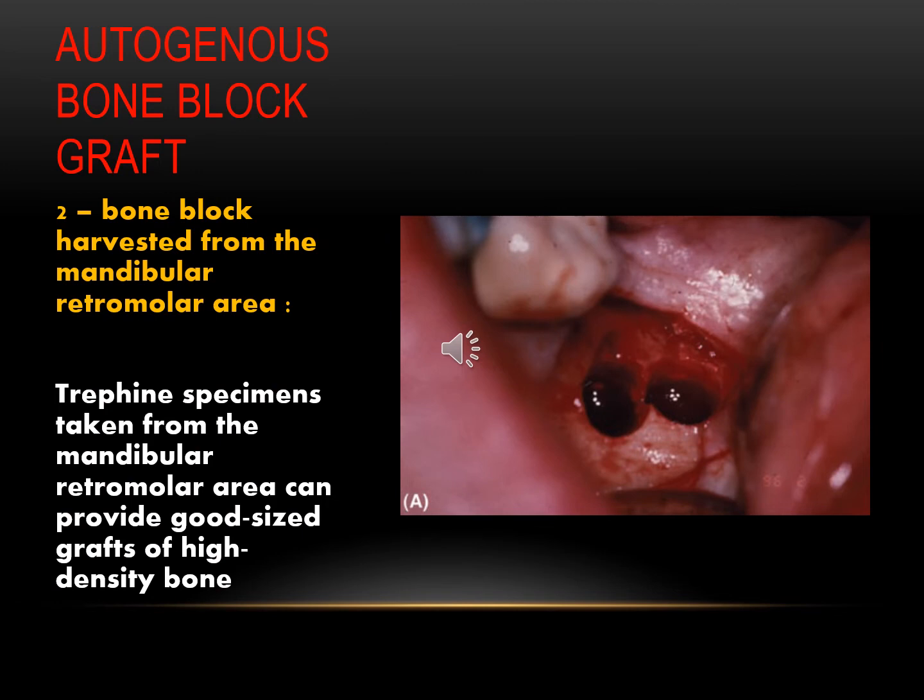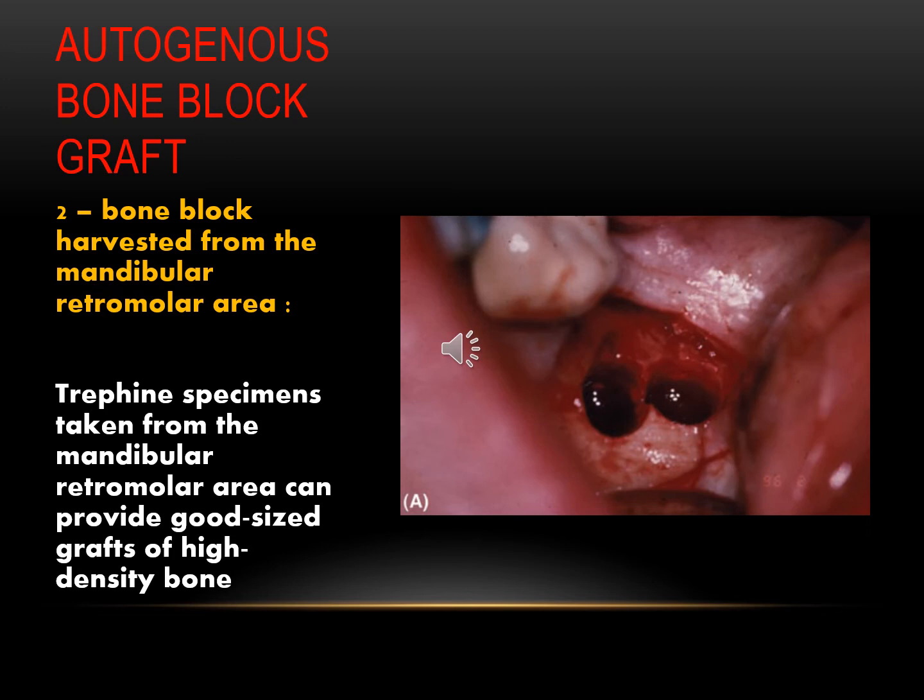The second site for harvesting autogenous bone block from the intraoral locations is bone block harvested from the mandibular retromolar area. The retromolar area is located distal to the last molar in the mandible. In the picture you can see the bone harvested from the retromolar area of the mandible.